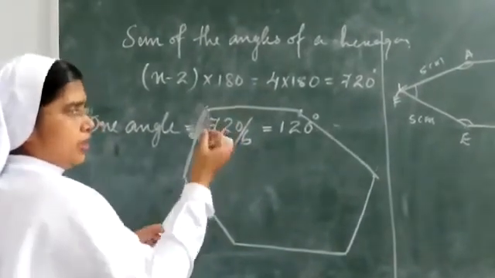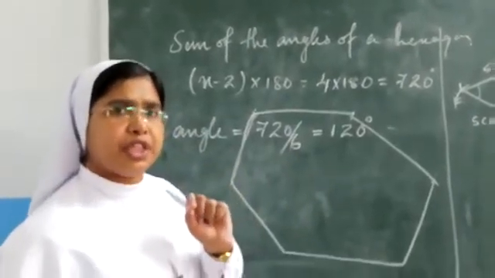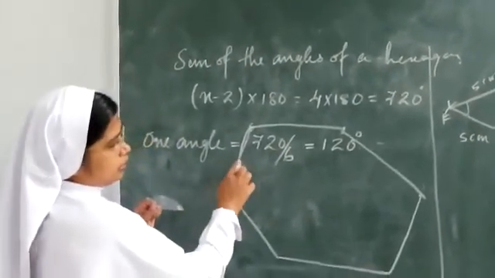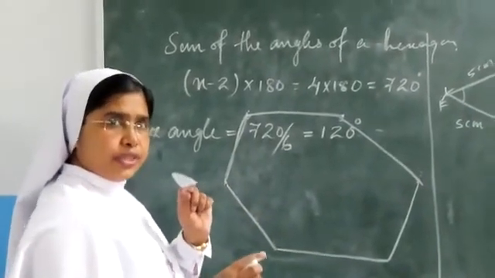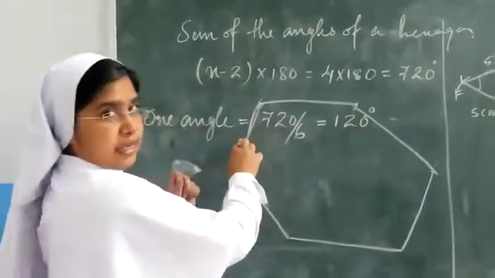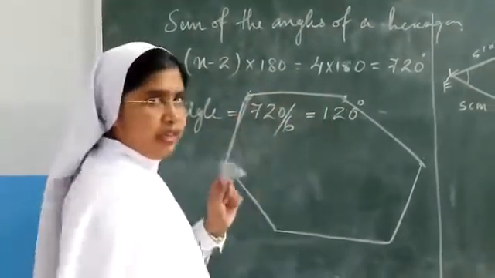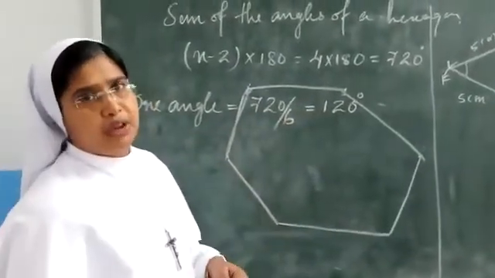I have not drawn properly, but when you draw with all the measurements in your notebook, if you have drawn the 5 sides using all these rules, after completing the 5th angle, you just have to join, you will get the 6th angle. That will surely be 120 degrees if you measure and see.